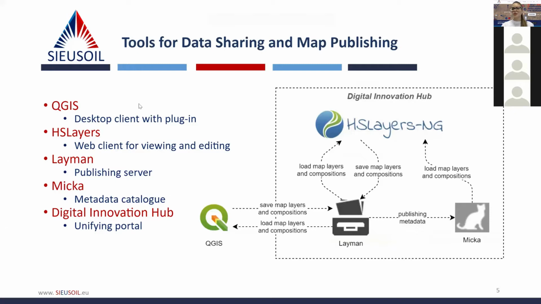And I want to talk more deeply about HS Layers NG, which is the map client you've already seen. The HS Layers web application doesn't only allow data to be visualized. It is also possible, in the presence of other components, to publish your own layers or compositions, or to add your own layers to existing compositions.